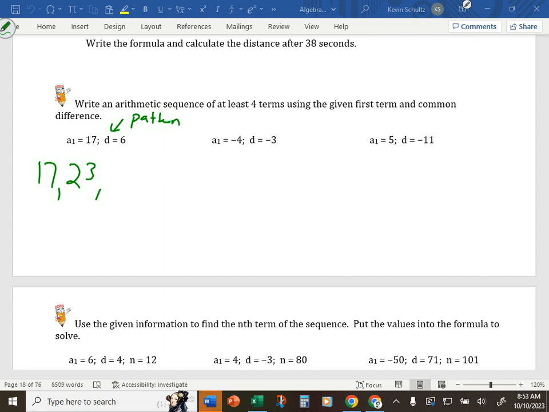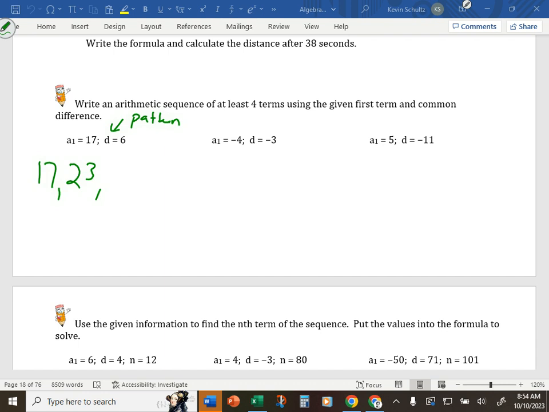Look back at your little definition part that we just filled out there, right? It said A1 is the first term of the sequence. So if I give you A1 is 17, I'm telling you the first term of the sequence is 17. The D represents that common difference, that pattern.